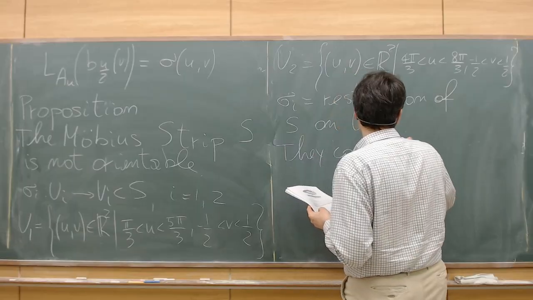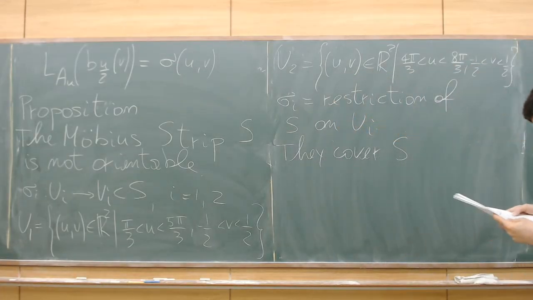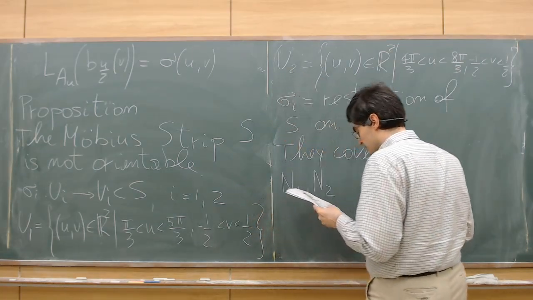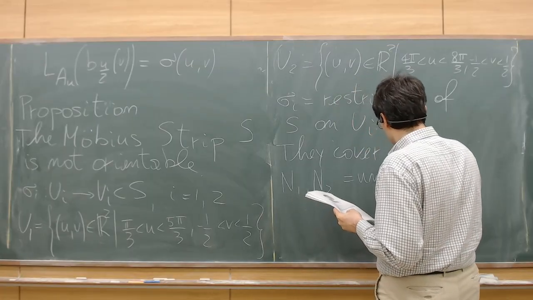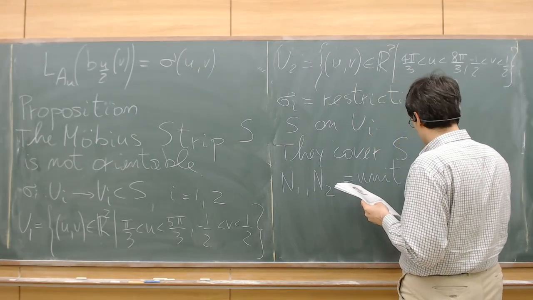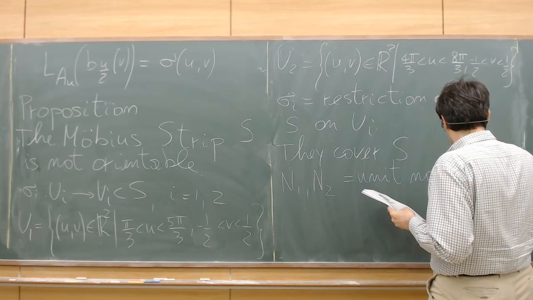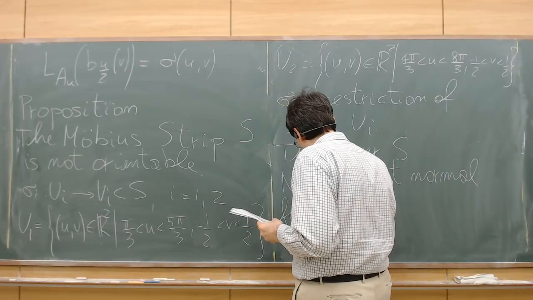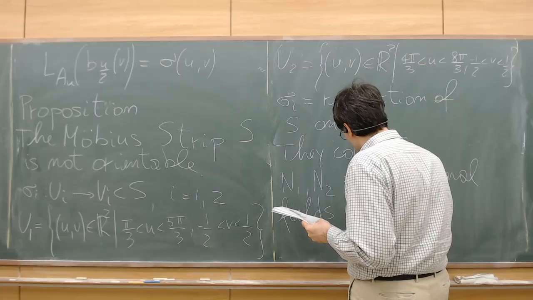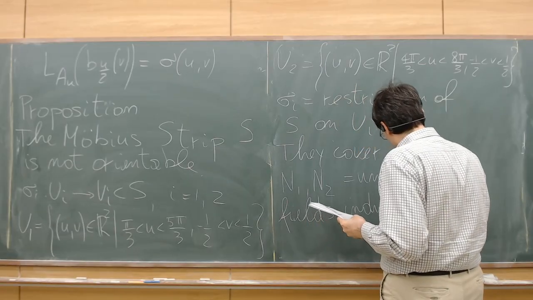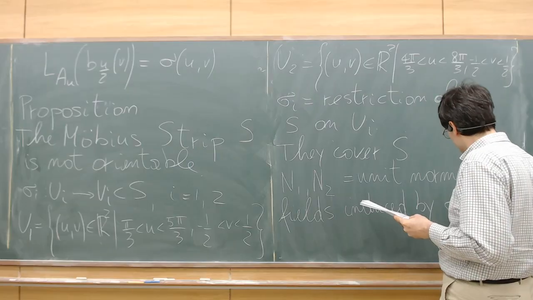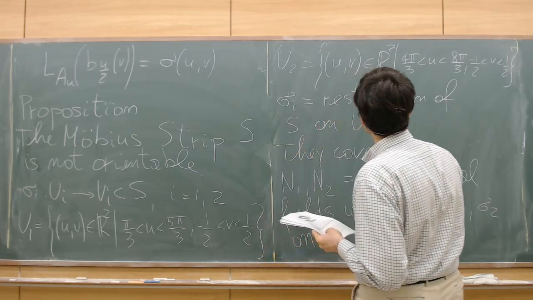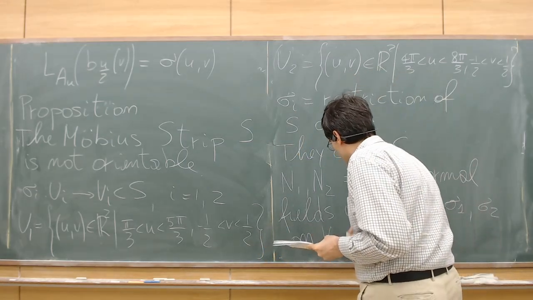And let's denote by N1 and N2 the unit normal fields induced by sigma 1, sigma 2 on V1, V2.